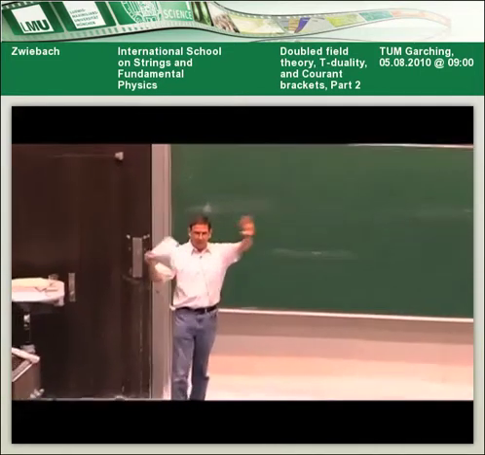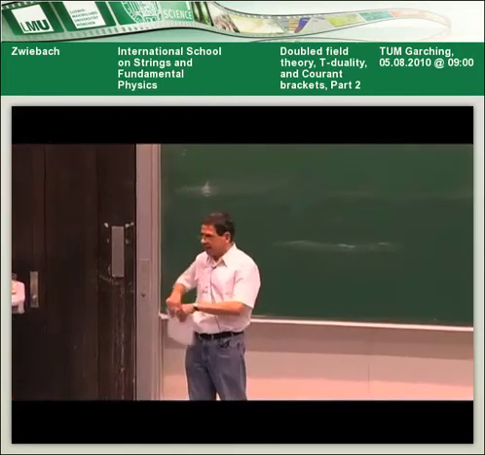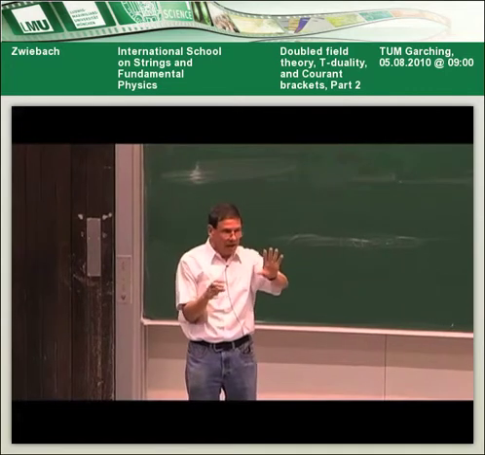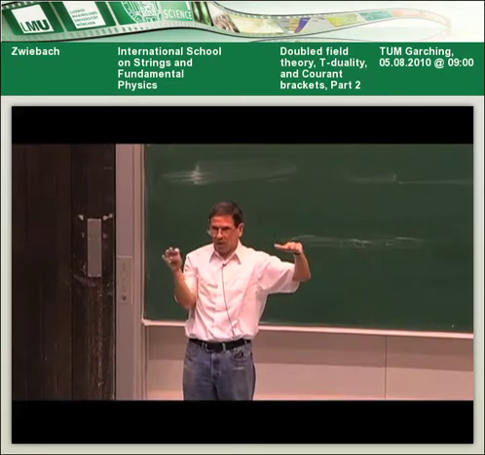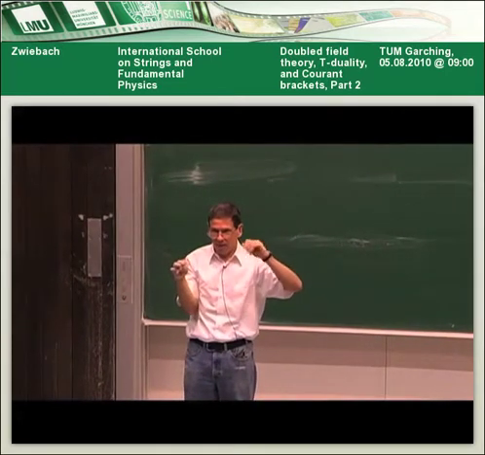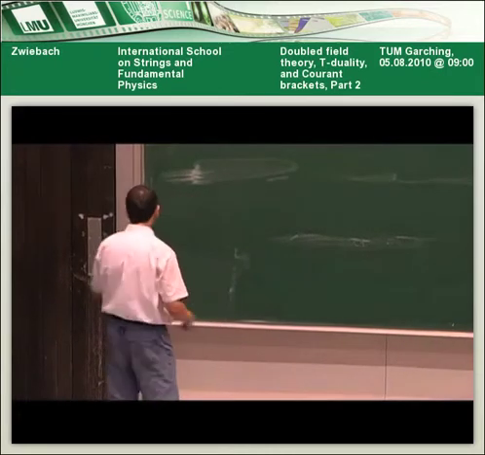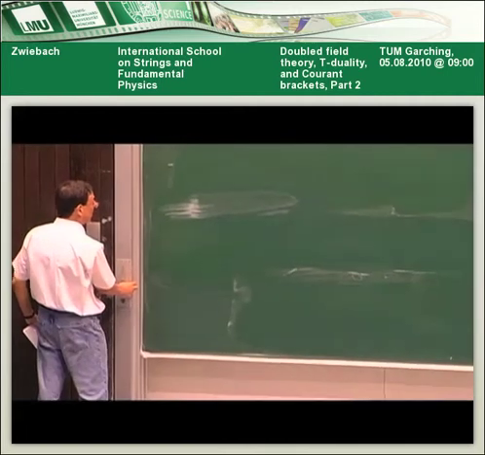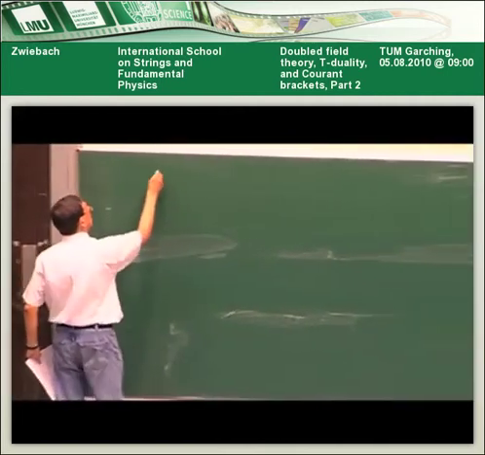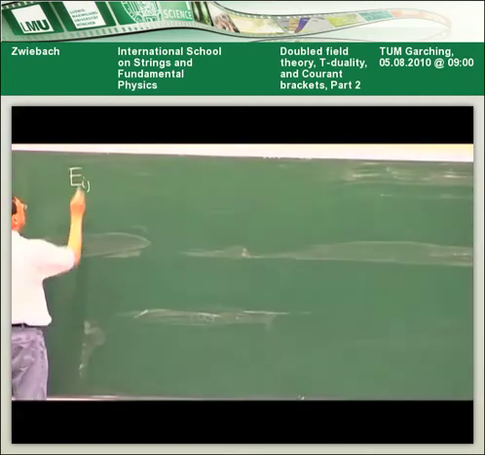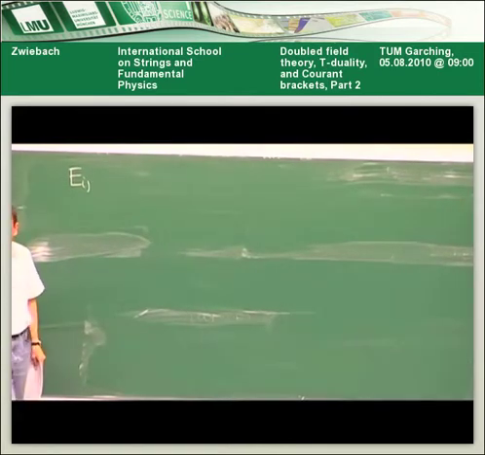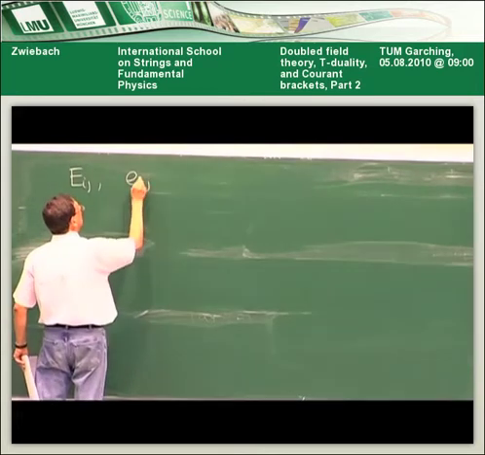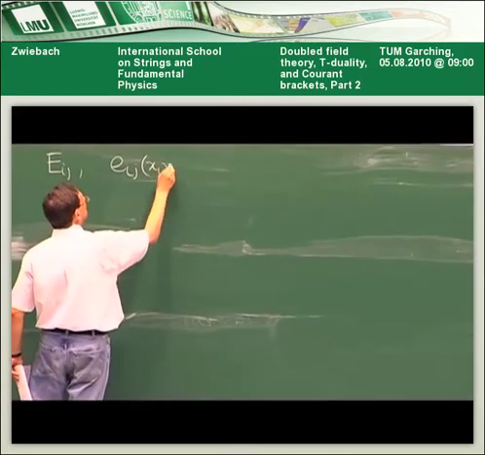Imagine your toroidal background. It's there. It has these capital E_IJ constants, and now you want to let fluctuations begin to write a field theory. So you're going to have your E_IJ, which were constants, and you're going to have a fluctuation around it, e_IJ of x and x tilde.